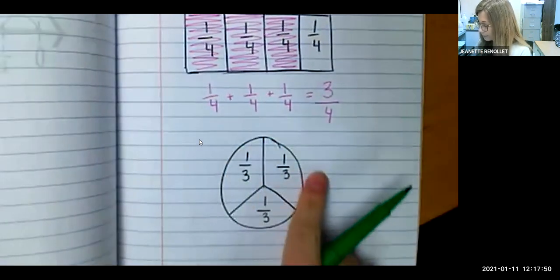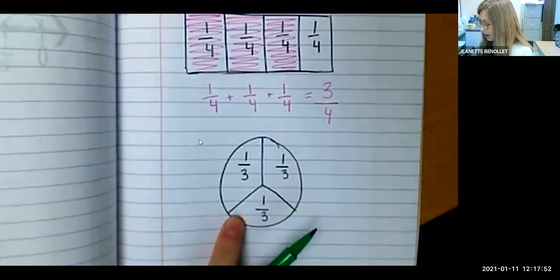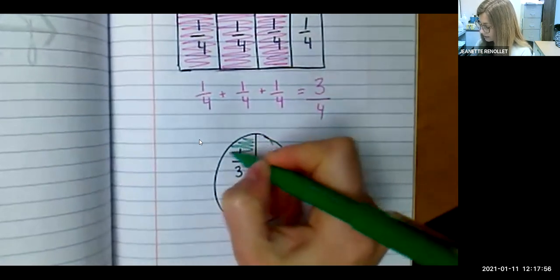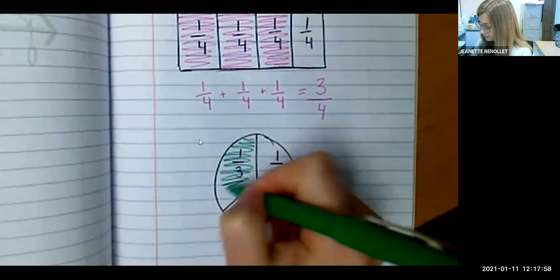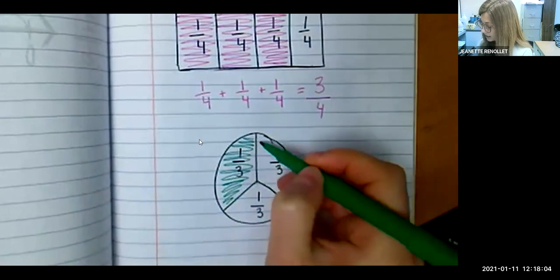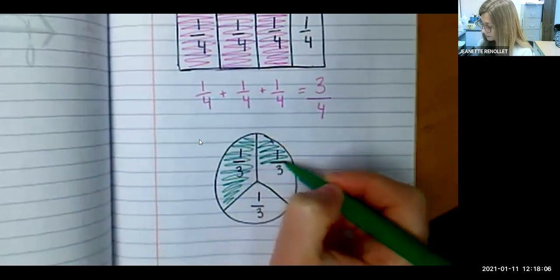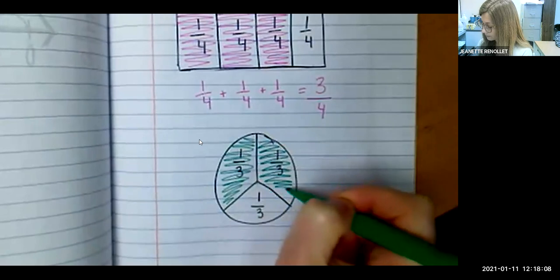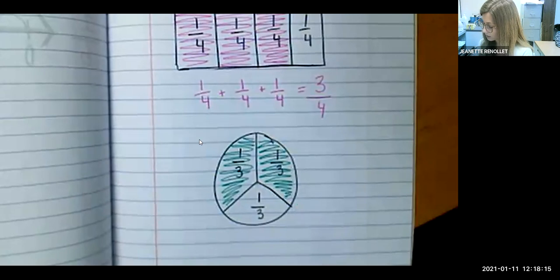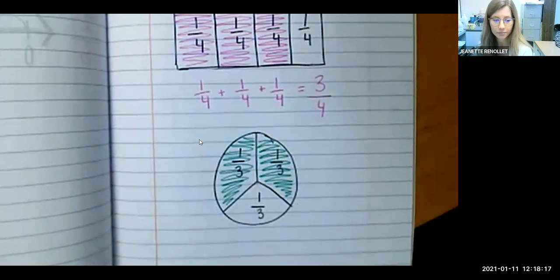When we look at our pizza, I'm going to say that Landon ate this piece. Landon ate this part of the pizza. And Kellen ate this part of the pizza. I want to know how much pizza was eaten.